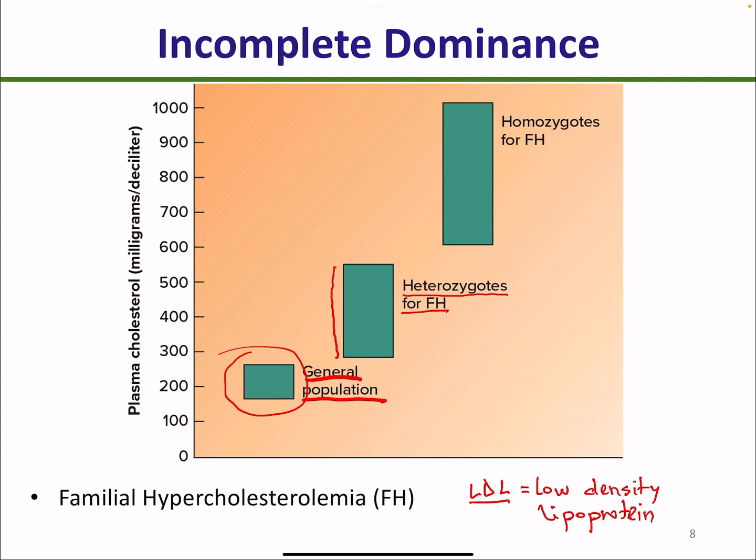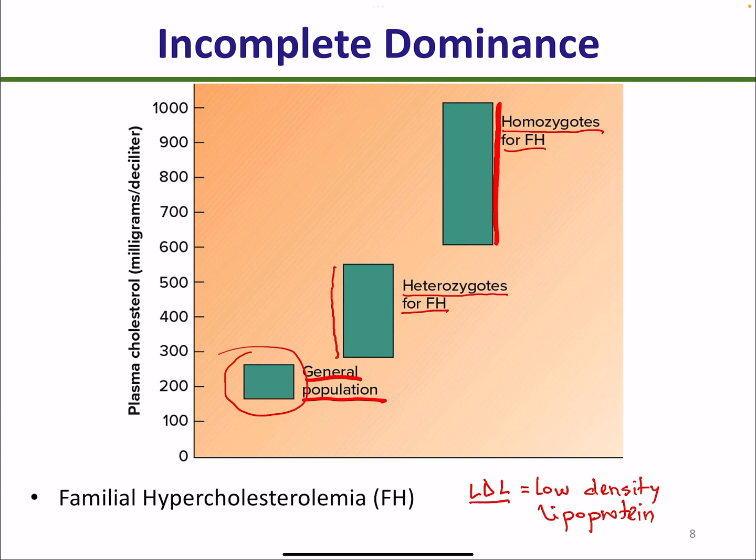Now, individuals who are homozygous are not going to have receptors on the surface of their cells. Therefore, we're going to have a high level of cholesterol in the blood, which is going to cause the death of the individual at a relatively early age, right?